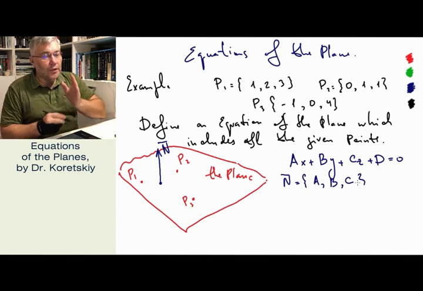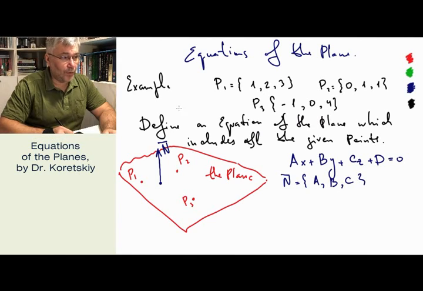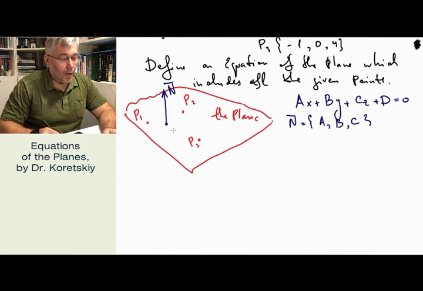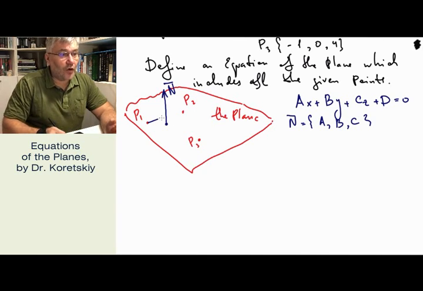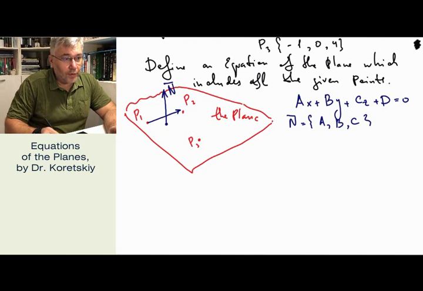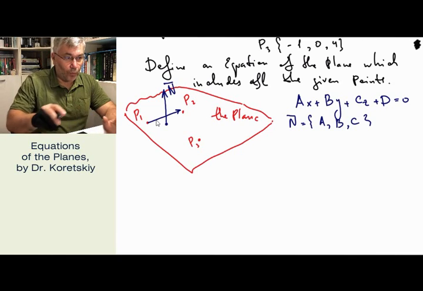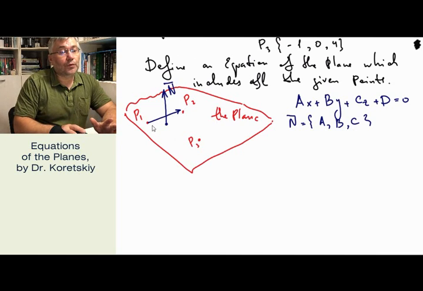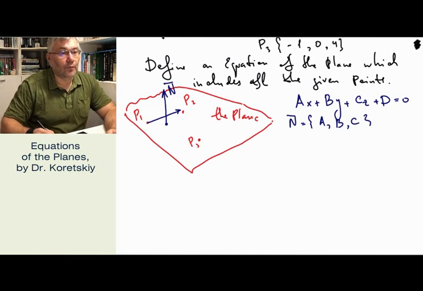How can we calculate the components A, B, C? We have vector P1P2 and vector P1P3. Vector n is perpendicular to vector P1P2, because it is perpendicular to the whole plane, which means it is perpendicular to any vector which belongs to the plane.